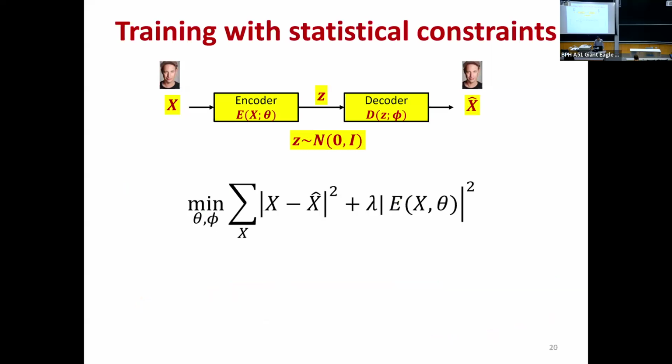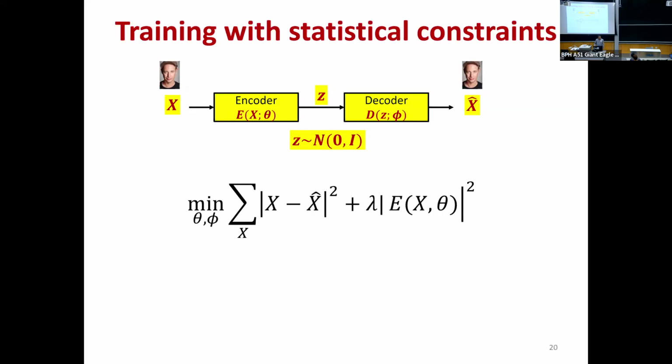And so the overall training strategy for this autoencoder, where we impose this additional constraint that z's must come from a standard Gaussian, is going to look like this. You want to find the encoder and decoder parameters theta and phi such that the squared norm of the error between the output of the decoder and the input to the encoder, x hat and x, is minimized, while simultaneously the squared norm of the output of the encoder, which is z, is also minimized.